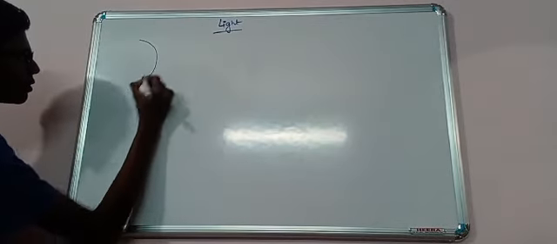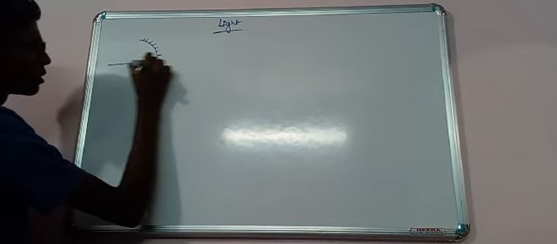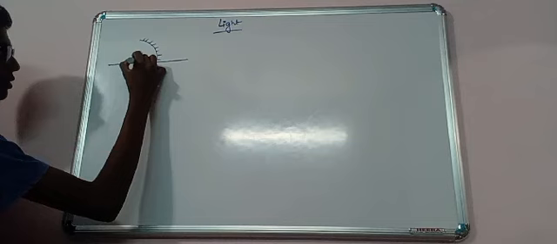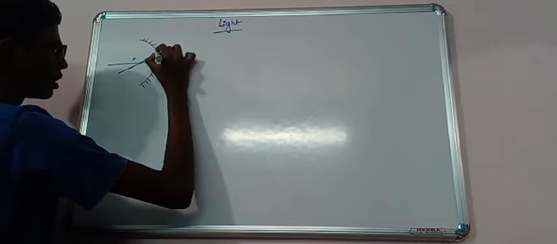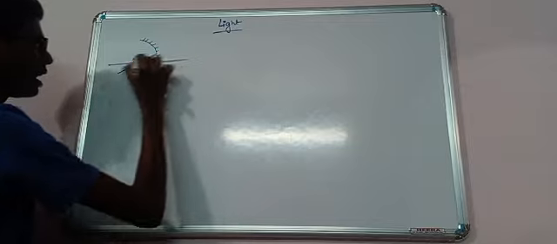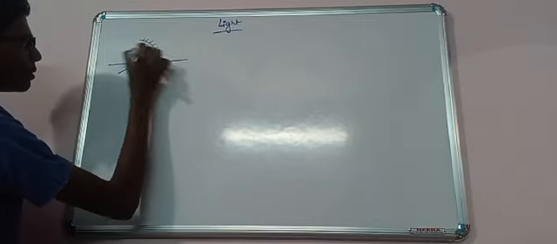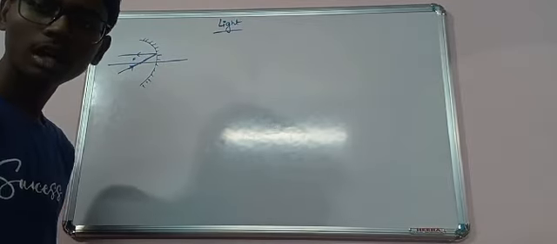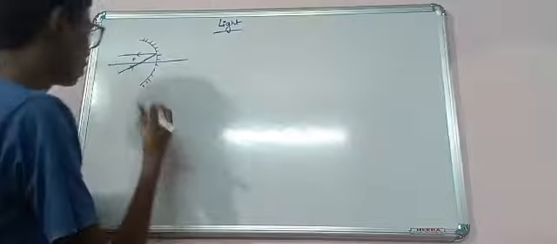So, concave mirror, principal axis, focus. A light ray passing through the focus will become parallel to the principal axis. Now in case of drawing ray diagrams, the thing may change also.